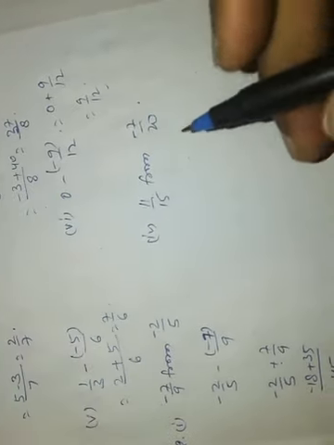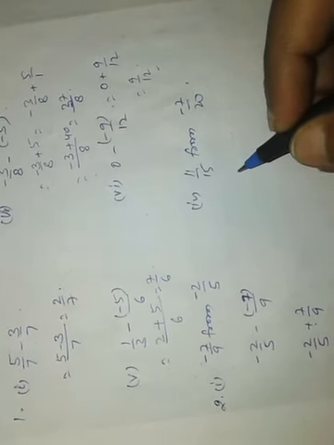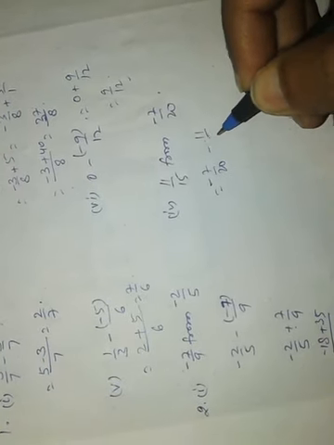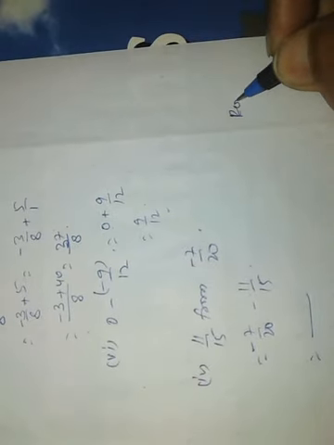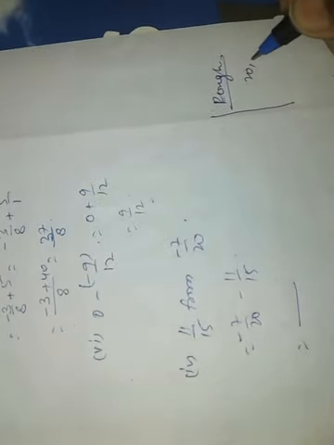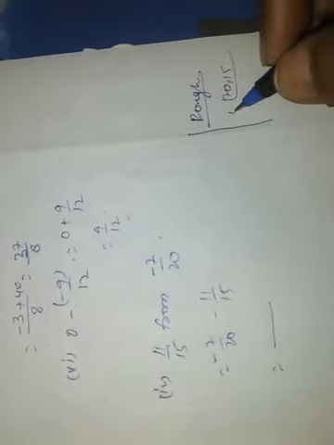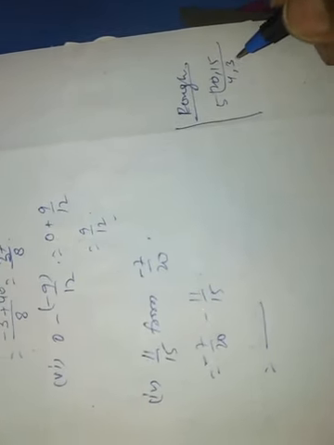One more question I have taken for solution here. First of all we write minus 7 by 20 minus 11 by 15. We take the LCM of 15 and 20 in rough work. We have to choose a number which divides both of these, that is 5; 20 is 5 times 4 and 15 is 5 times 3. There is no number which divides both 4 and 3.